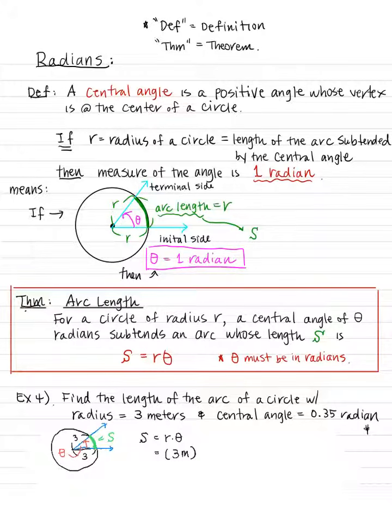It's already in radian measure, so I'm just going to multiply that with 0.35. Okay, so what do we get? Multiply that out, and I get 1.05 meters. So the arc length of that little piece of the circle is just 1.05 meters. That's what we just found out according to the theorem.